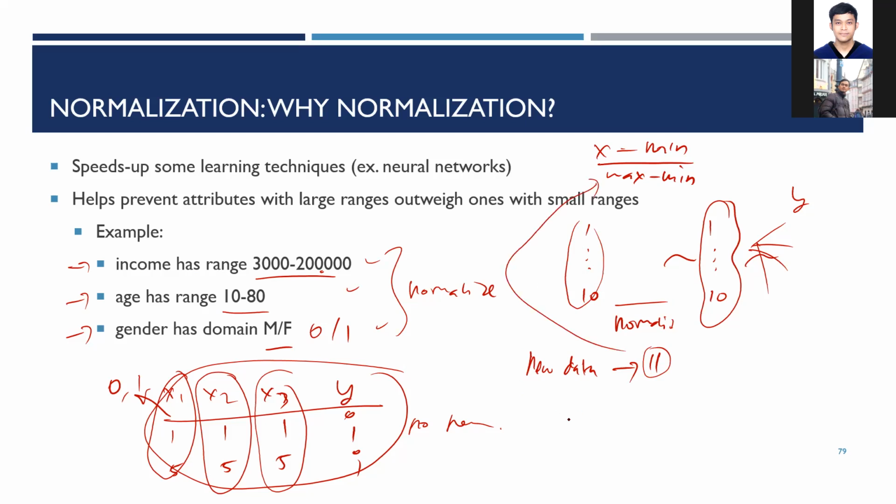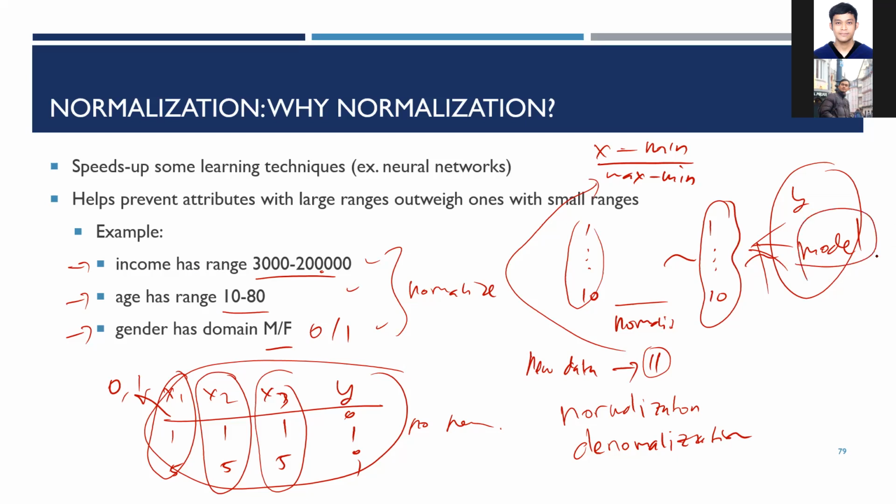So besides normalization, we also have denormalization. It means that after we normalize the data to build the model, let's say, if you are familiar with regression, I can use an analogy: from 1 to 10 we normalize, and from the normalized data we build the model, just like in regression.